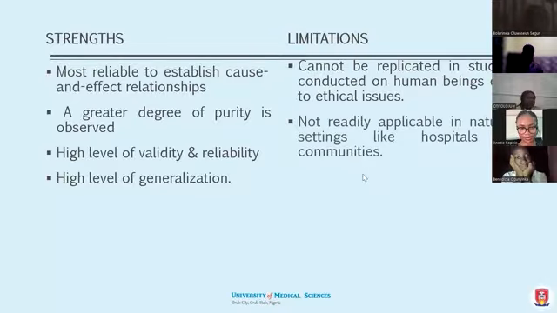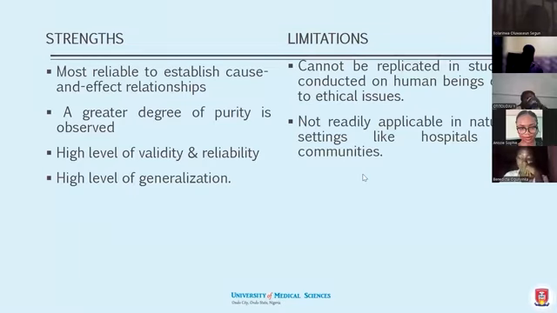And limitation one, it cannot be easily replicated in studies conducted on human beings due to related ethical issues. Even individuals involved in clinical trials or randomized control trials pass through a lot of things.